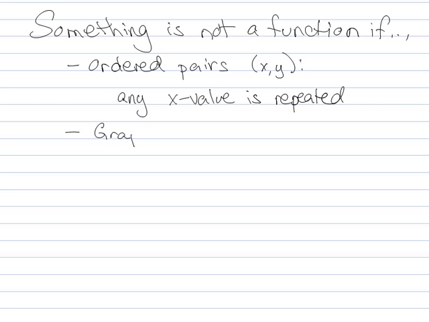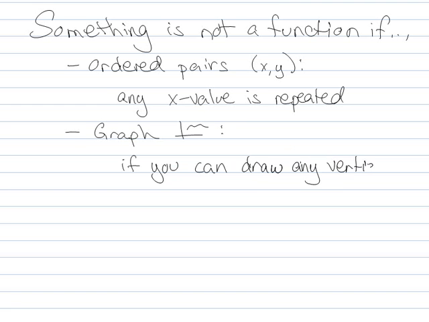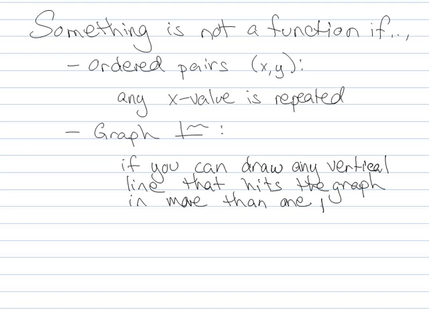If you have a graph, just a graph, if you can draw any vertical line that hits the graph in more than one place, you might have heard this called the vertical line test.